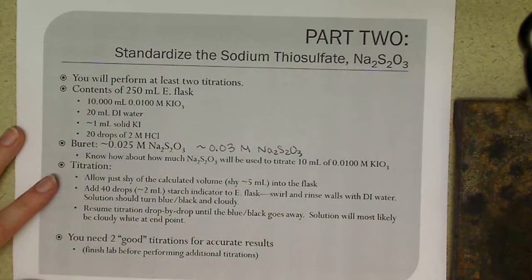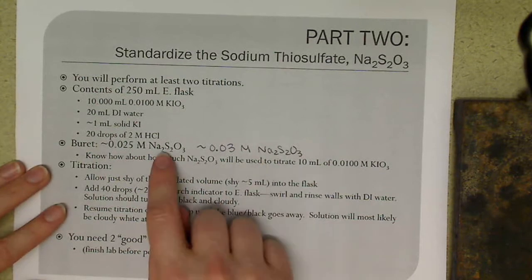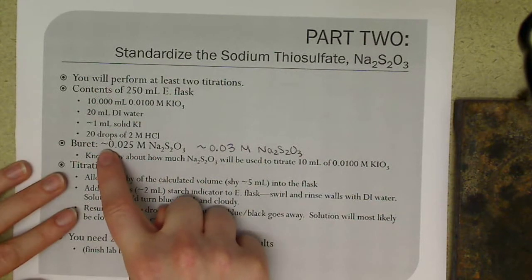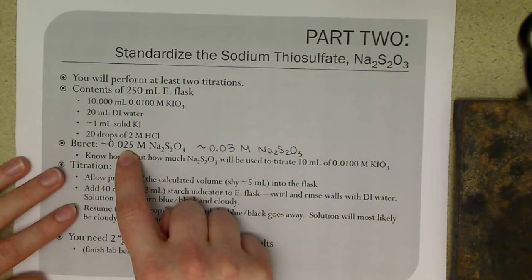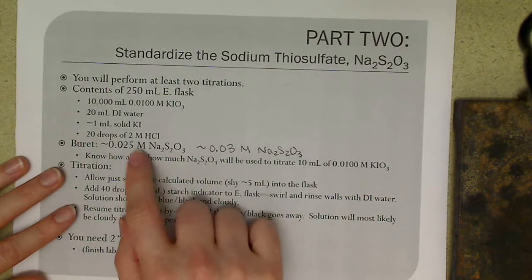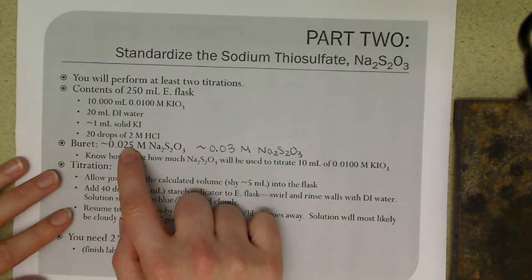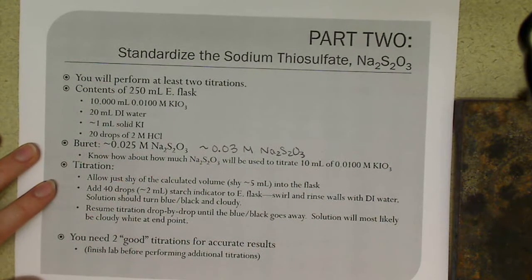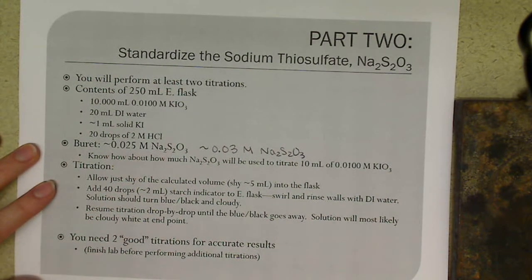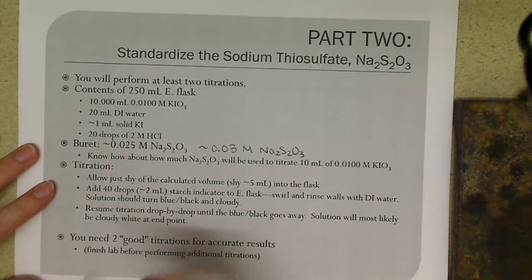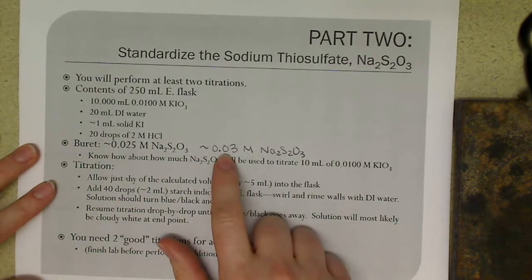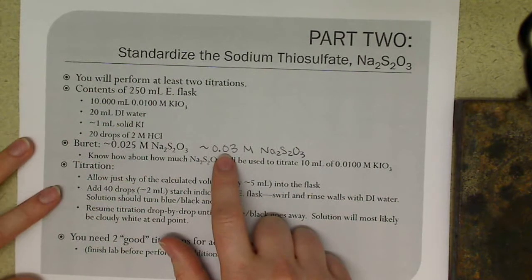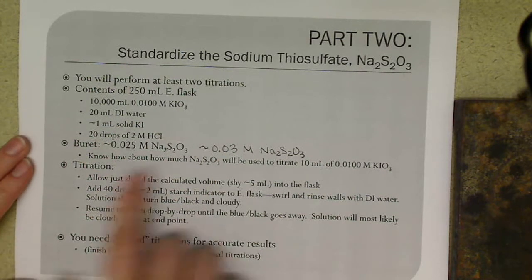On the bottle of this, you're going to see that we really do have it as an approximate concentration. It's prepared so that the concentration is actually double this, but because of the complexities of what's going on with this ion, the concentration that you're going to calculate is actually lower than what is anticipated, so you're going to want to anticipate about this molarity.